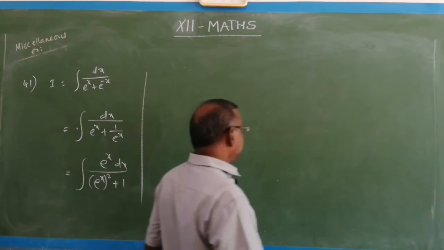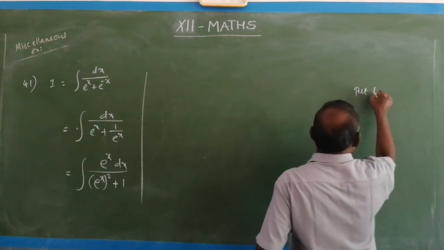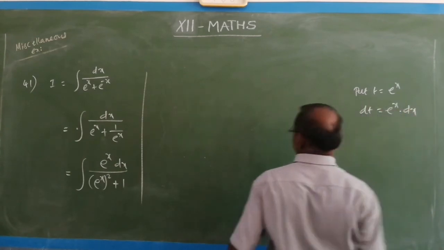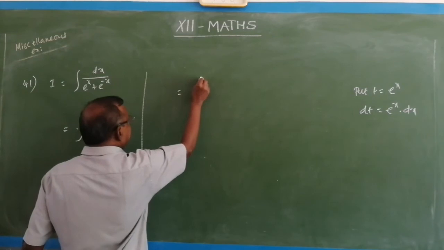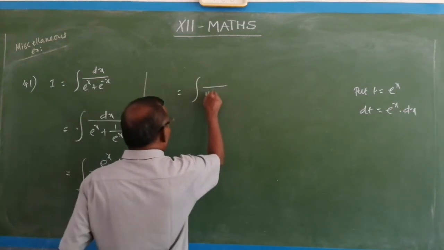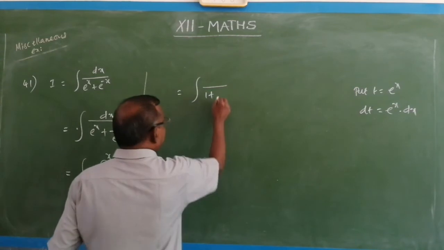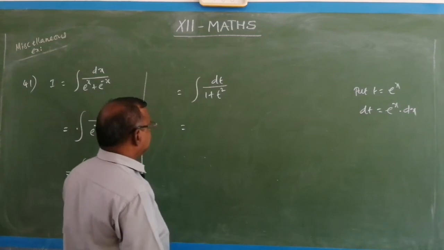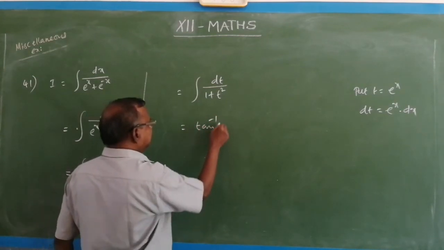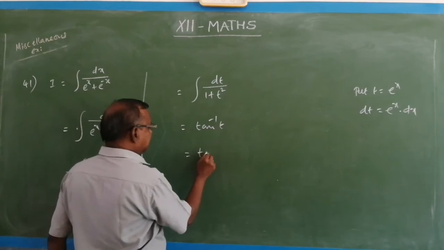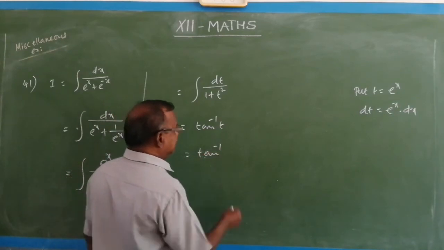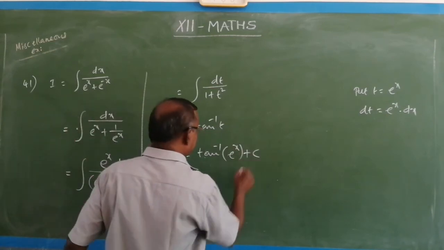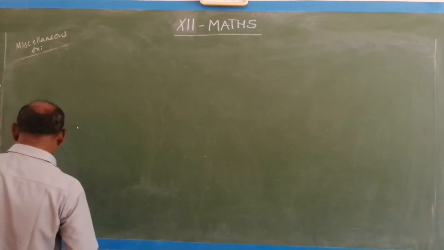Now we need substitution. Put t equal to e power x, so dt equal to e power x into dx. Therefore I equals integral dt by 1 plus t square, and 1 by 1 plus x square means tan inverse of x, so that is tan inverse of t, which is tan inverse of e power x. It is an indefinite integral, so put plus an arbitrary constant.